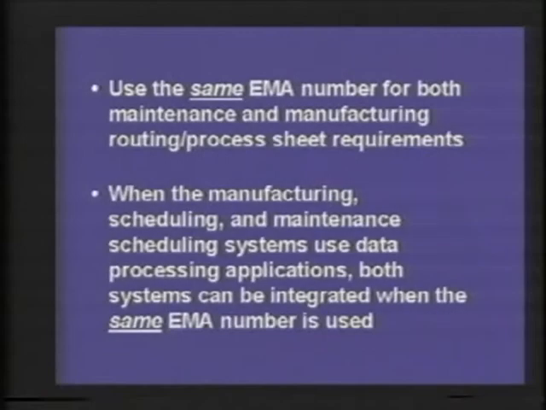Now, if the first paragraph is met, then the second paragraph indicates that through those two individual planning documents, the maintenance work order and the manufacturing work order, we can integrate those two planning and scheduling systems.